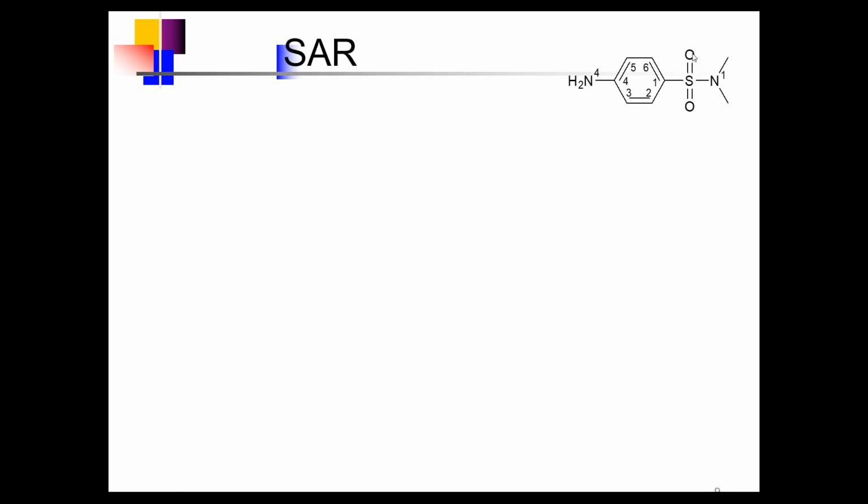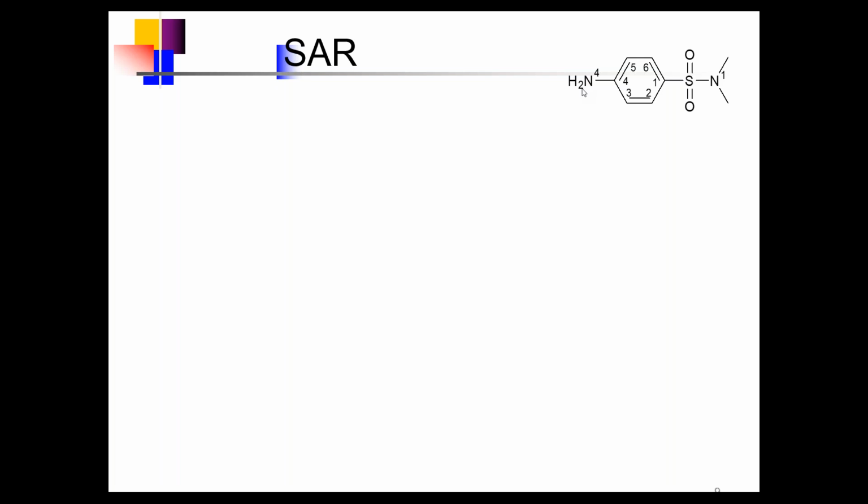At position number 1 you specifically have the sulfur group, the SO2 group, and to this there is one more nitrogen attached, and this is how the numbering is done. So there are two nitrogens present, one at position 1 and the other at position 4. The position 4 nitrogen is part of the amine group, and the position 1 nitrogen is attached to SO2.